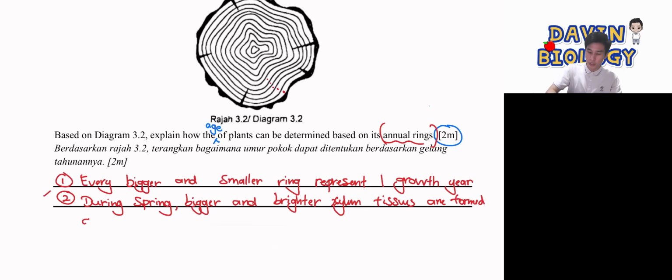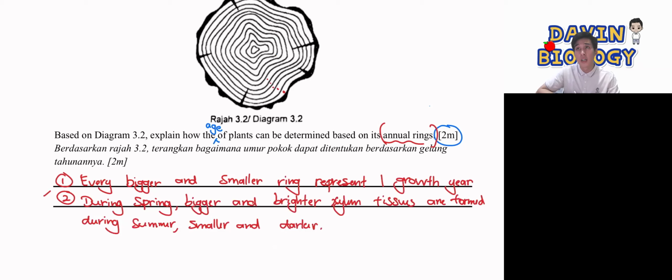While during summer is the opposite, smaller and darker. Okay, so sometimes you just have to plan your answer based on the question. It's just 2 marks, you don't have to write that many. Let's say they ask you 4 marks, then of course you will explain more.